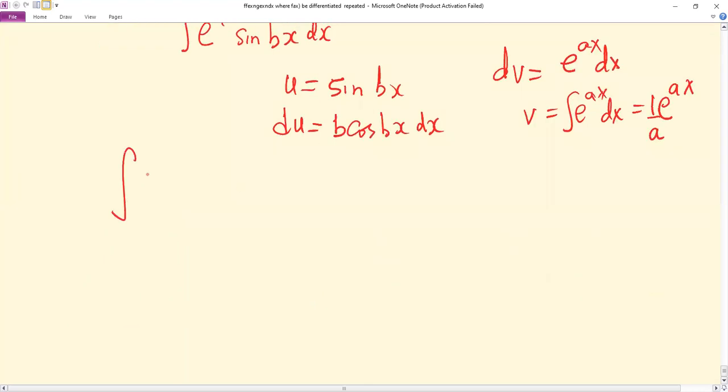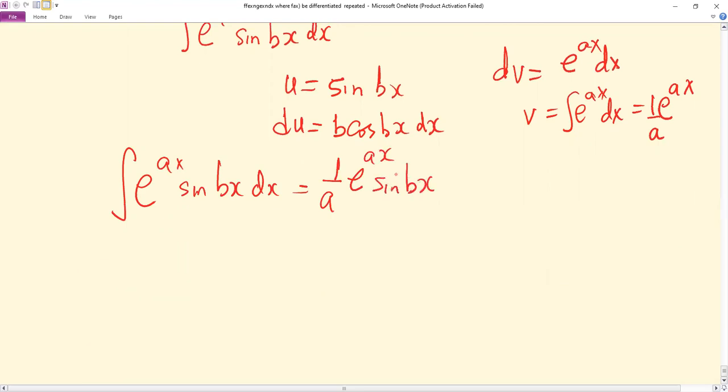Now, the integral of e raised power ax sine of bx dx will be uv, so 1 over a e raised power ax sine bx, minus the integral of v du. So b times 1 over a is b over a, times the integral of e raised power ax cosine of bx dx.